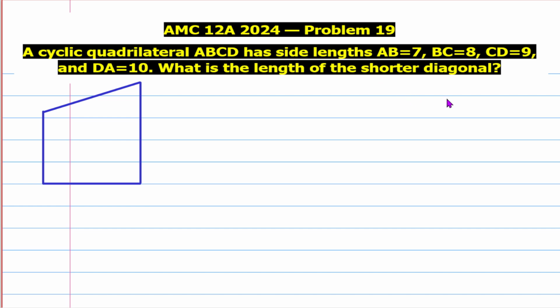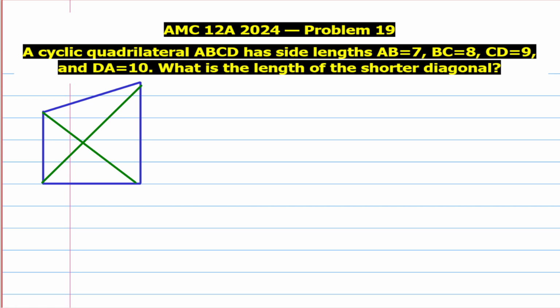A cyclic quadrilateral has side lengths AB equals 7, BC equals 8, CD equals 9, and DA equals 10. What's the length of the shorter diagonal? So I will put these diagonals over here. That's the bigger and the shorter.